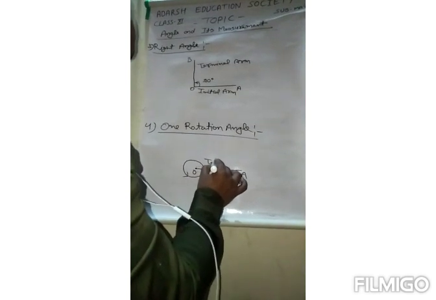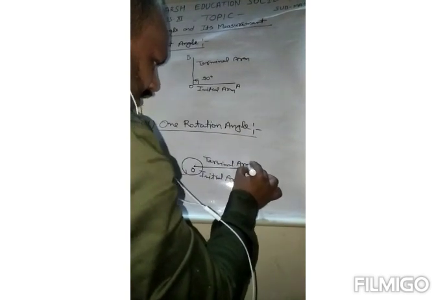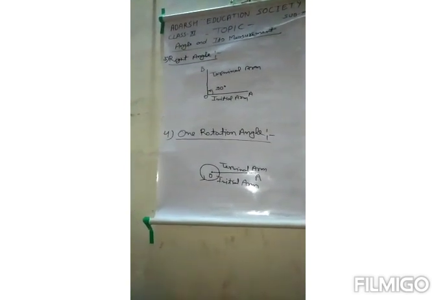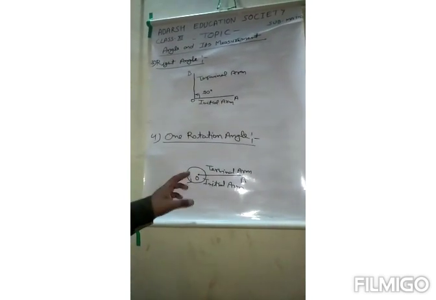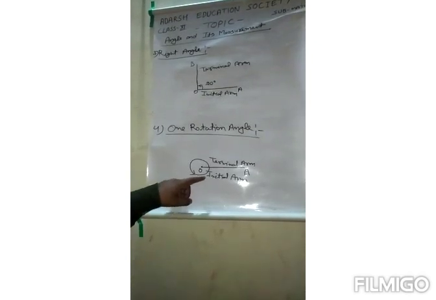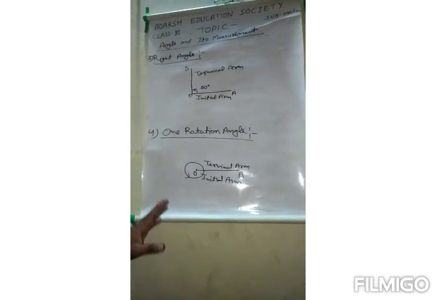So you can say the initial arm is working as a terminal arm also. We can define the one rotation angle as an angle in which the terminal arm and the initial arm both coincide, otherwise both are represented by the same line after completing one cycle rotation. To draw the one rotation angle, our sense of rotation may be clockwise or anti-clockwise. Both directions are applicable.